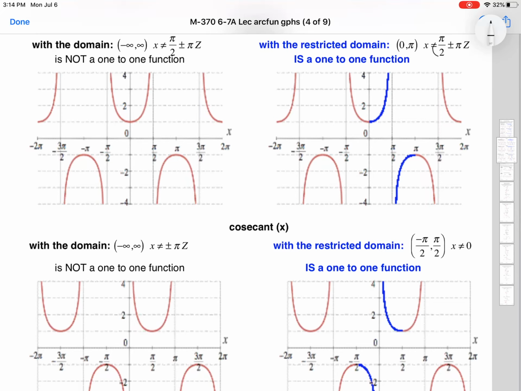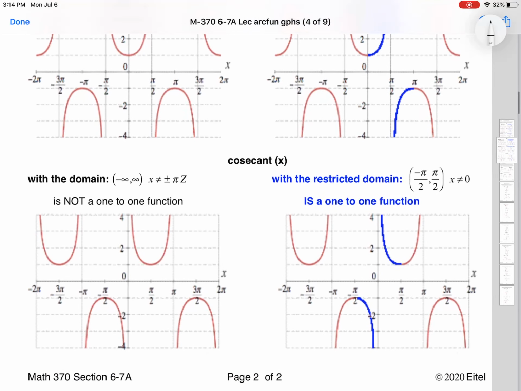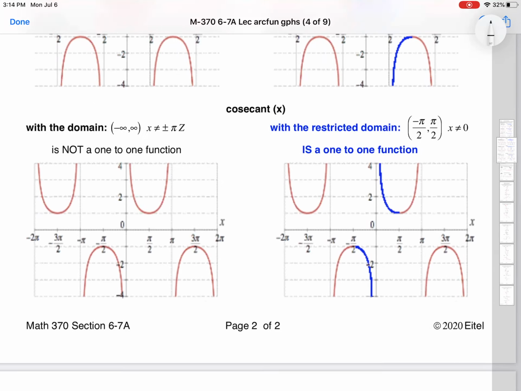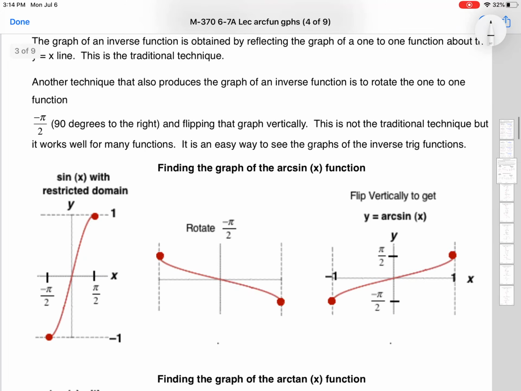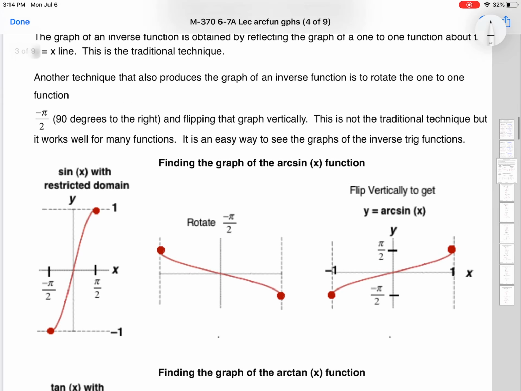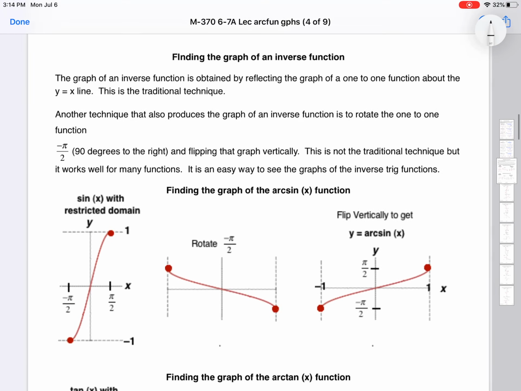And cosecant's related to sine, and so therefore it's going to have a minus pi over 2 to pi over 2 domain.